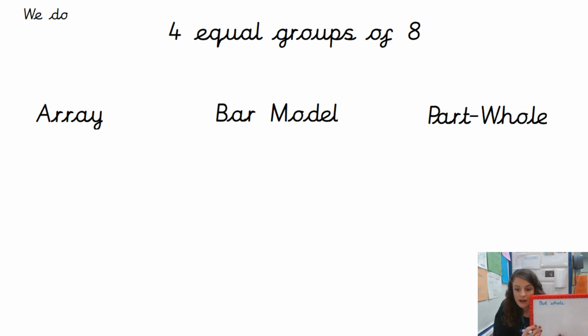And finally I'm going to draw my part whole model. So I've got my whole at the top, but I need 4 equal parts that all have got 8 in. 8, 8, 8, and 8. 4 parts, all with 8 in.